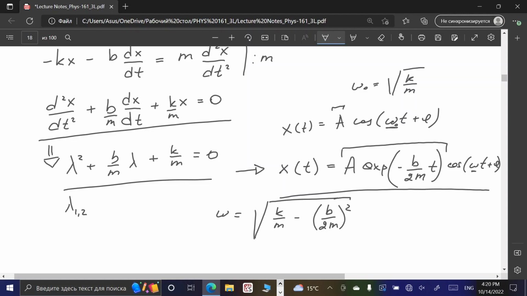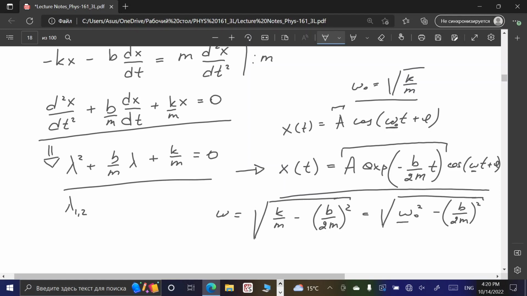square root of k over m minus b over 2m squared. And taking into account that expression, we can write that it will be equal to square root of omega naught squared minus b over 2m squared.